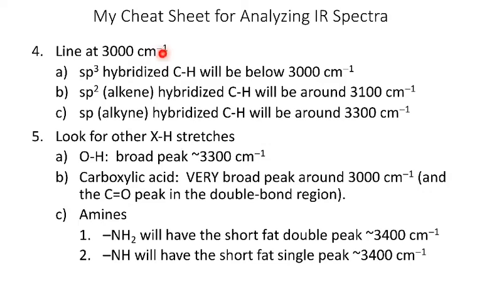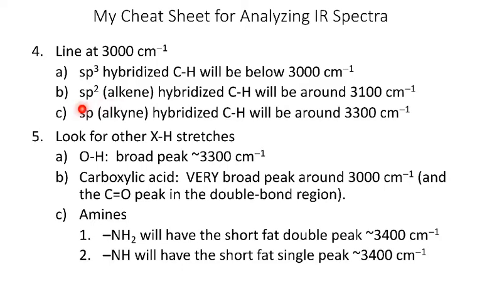All right, and then the line at 3000 is key. There will almost always be absorptions just below 3000 wave numbers, and that's due to carbon-hydrogen single bond stretches. Most organic molecules have carbon-hydrogen single bonds, and so there's almost always a peak there. If we have an alkene, the hydrogen attached to one of those alkene carbons is a little bit above 3100 wave numbers.